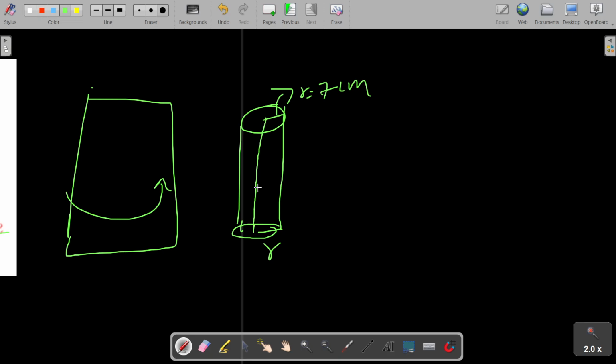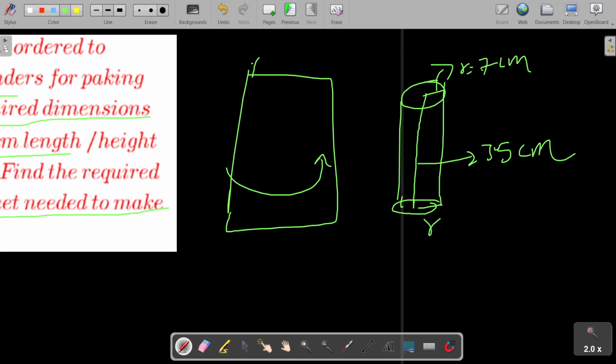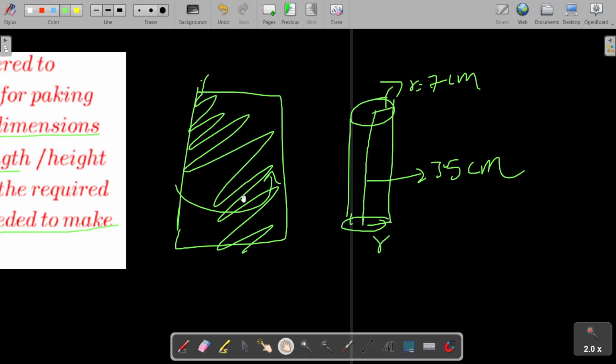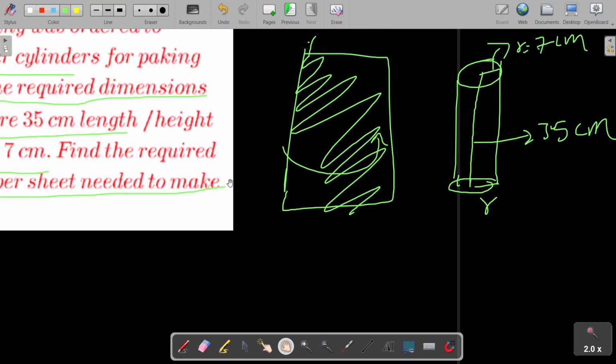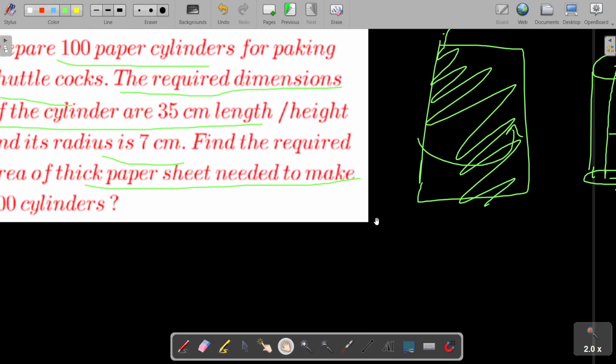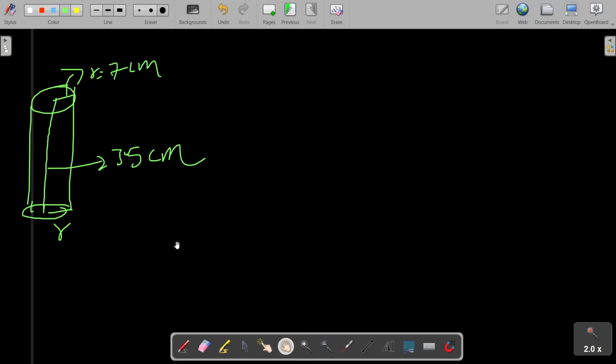We need to find this particular area. If I find this one paper area, I can make one cylinder. If I need to find the area for 100 cylinders, I have to multiply the area by 100.